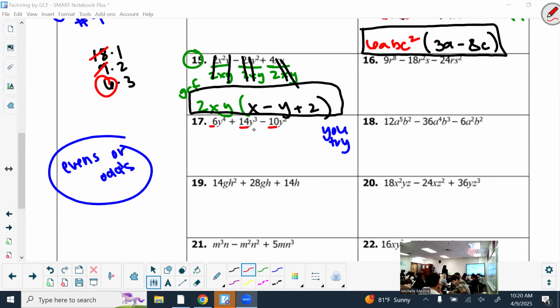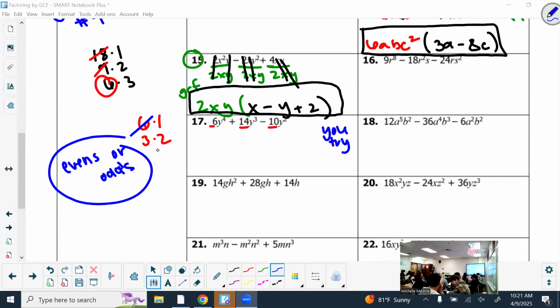It doesn't. It doesn't even divide evenly into one of them. It needs to divide evenly into all of them, and so 6 can't be the GCF. Off to the side, I'll write out the factors of 6, which is just these 4 numbers. We already eliminated 6 as an option.